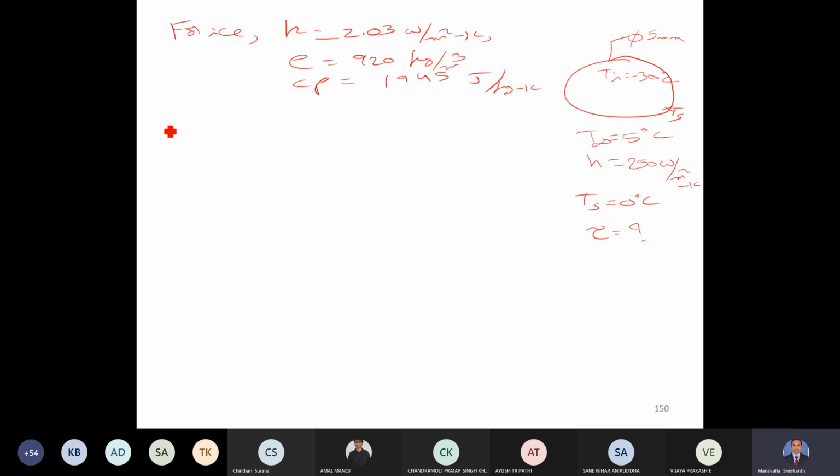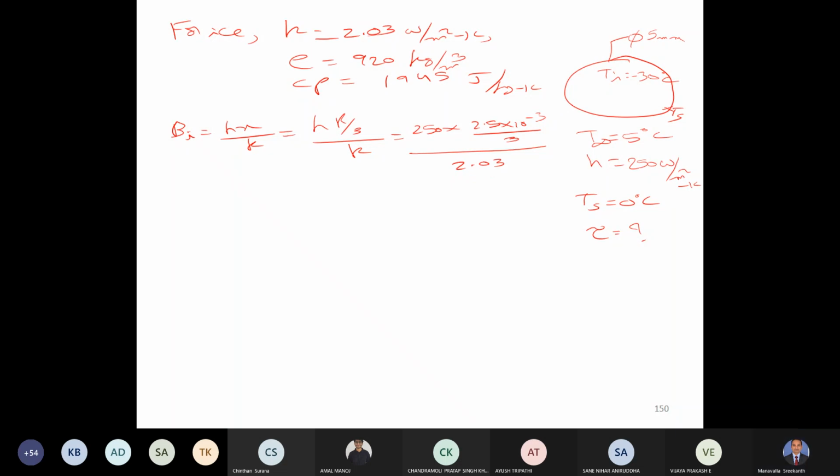Since this is a transient problem, the first step, as always, is to estimate the Biot number, hx by k. And since this is a sphere, the formula will be hr by 3. So h is 250 and r is 2.5 millimeters. Convert that to meters, divided by 3, divided by the conductivity 2.03.